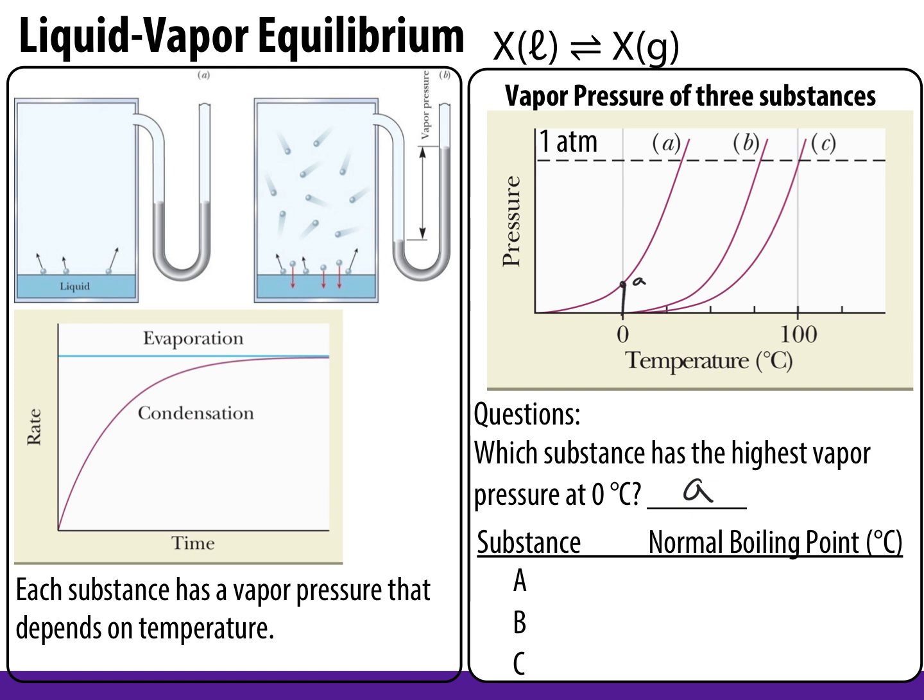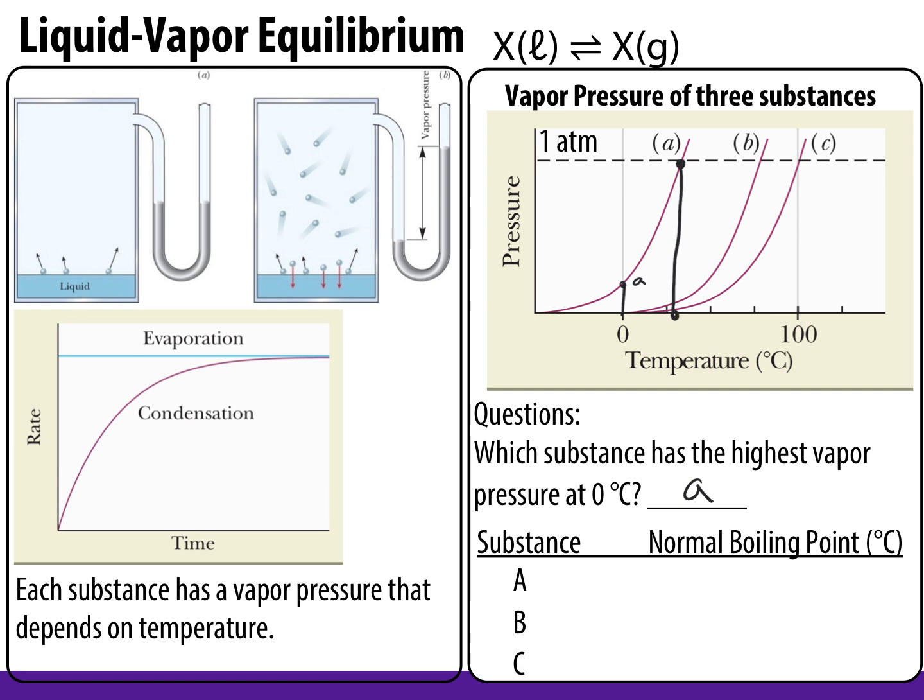Now for substance A, what is its boiling point? That goes back to the previous slide when we said the normal boiling point is the place where the vapor pressure is equal to 1 atmosphere. So for A, it's going to be right where that pressure hits 1 on my graph.